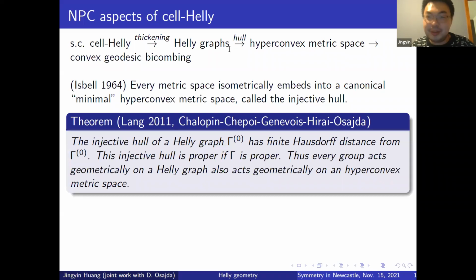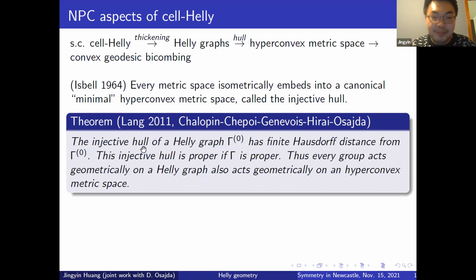And this actually already follows from some previous work of other people. It basically says that I take the Helly graph and I take the zero skeleton. This is a metric space if you consider the induced path metric on the zero skeleton. And I can apply this hull construction of Isbell.